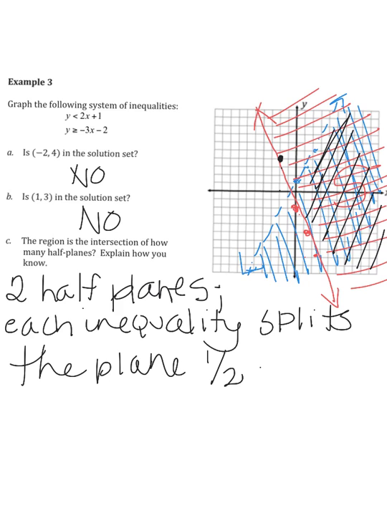Shading for the inequality without the equal sign is below the intersection, and the shading for the inequality with the equal sign is above the intersection.